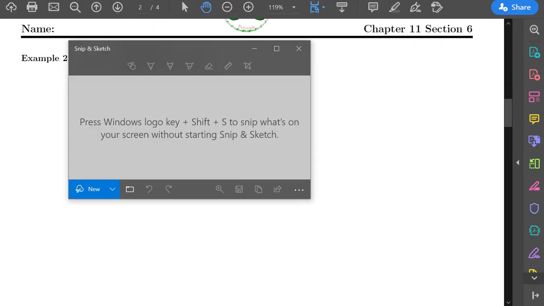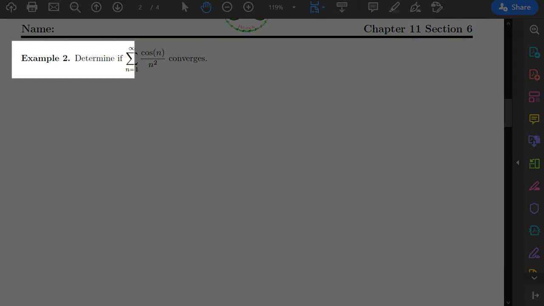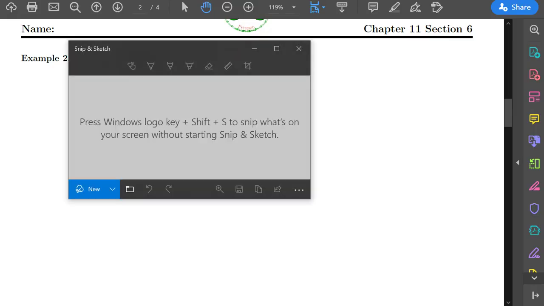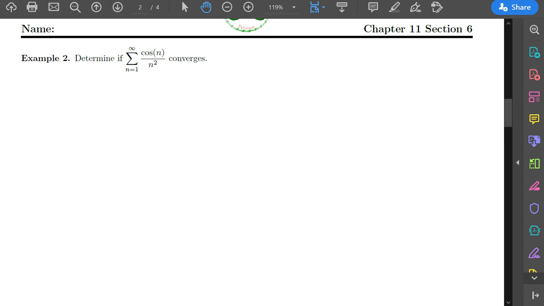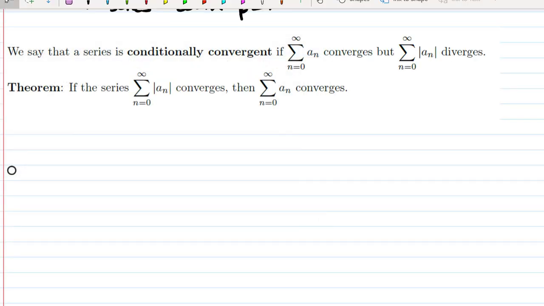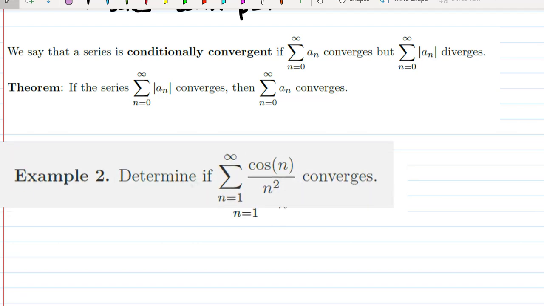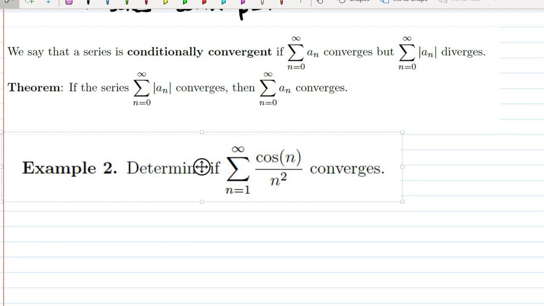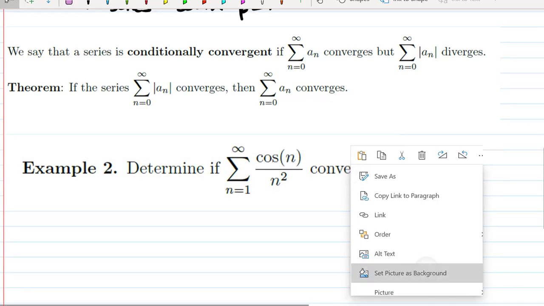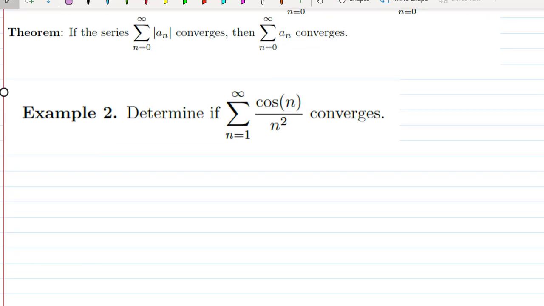So determine if this series converges. Our a sub n this time is equal to cosine n all over n squared.